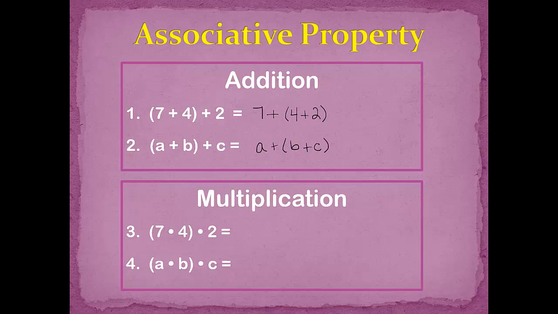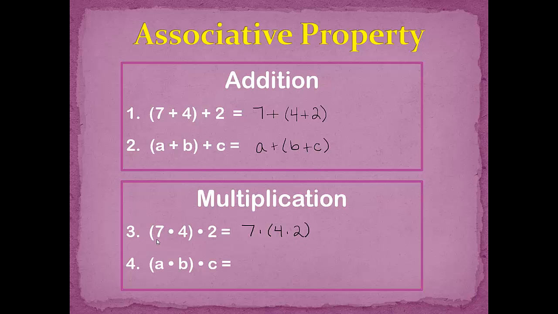We can also do this with multiplication. So for number 3, we have the quantity 7 times 4 times 2, and that would be the same thing as saying 7 times the quantity 4 times 2.